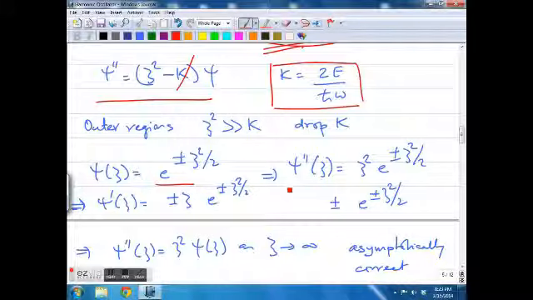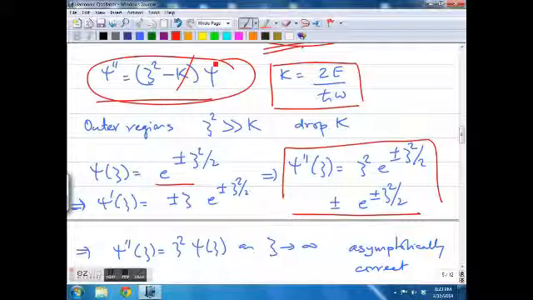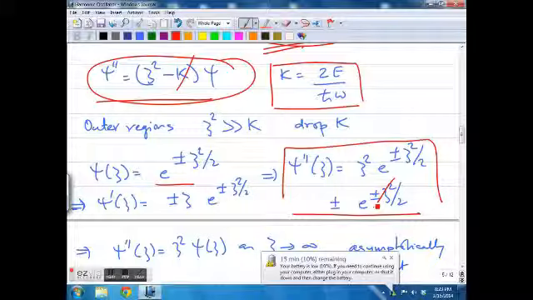I start with a function, I differentiate it once, and if I differentiate twice, I get this combination of terms. One of them is xi squared times the function itself, which is what I want to solve this differential equation up here. But the second term is present, but it's much smaller than the first term, because the first term is multiplied by xi squared, and by assumption xi squared is very large. So I can basically drop this term.